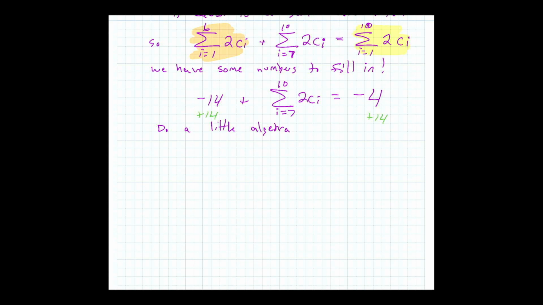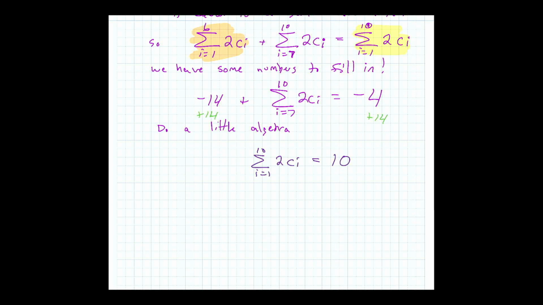And what we'll end up with on the left is just the sum from 1 to 10 of 2ci, right? Because these are going to cancel. And on the right, we have negative 4 plus 14. That's going to be positive 10. So we just move the 14 over.